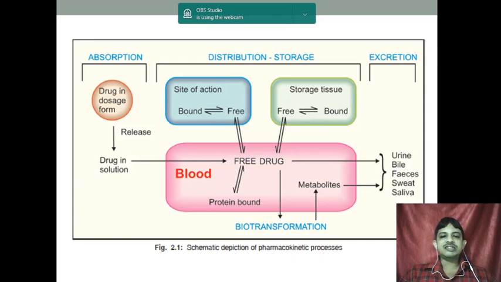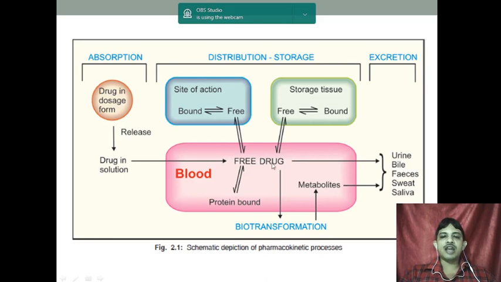Now this is pharmacokinetics for the same thing. Whenever we give a drug, if you are giving it as a tablet, it will be there in the stomach area, then it will enter into the blood. After entry into the blood, the drug is in the free form.